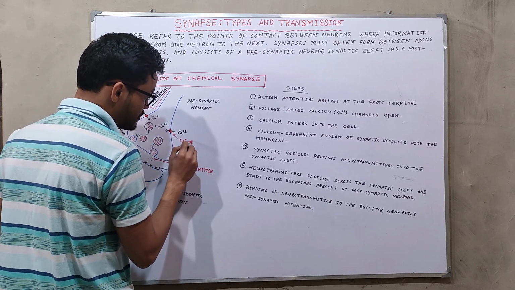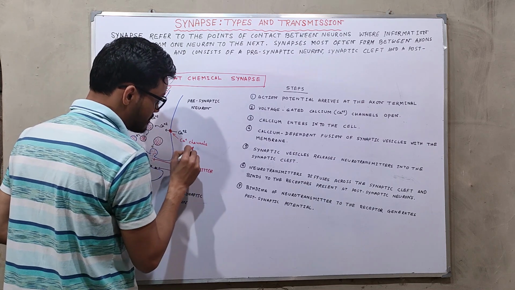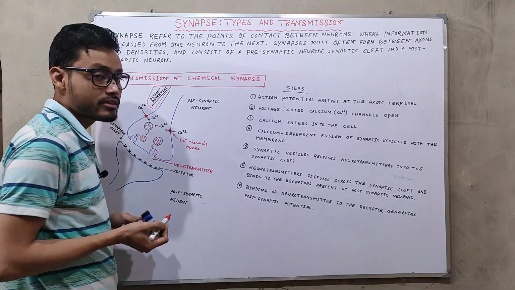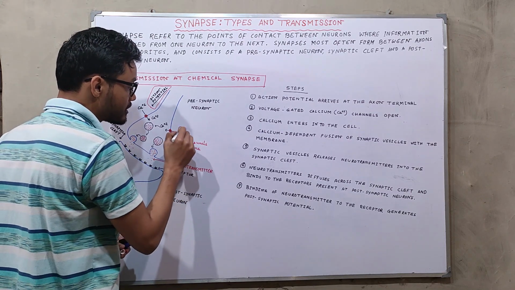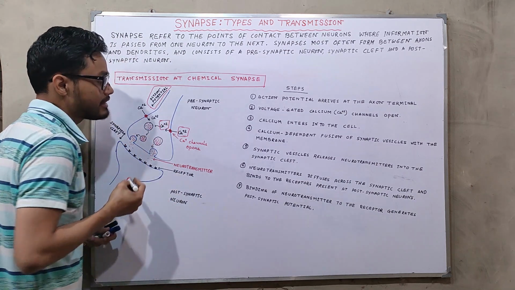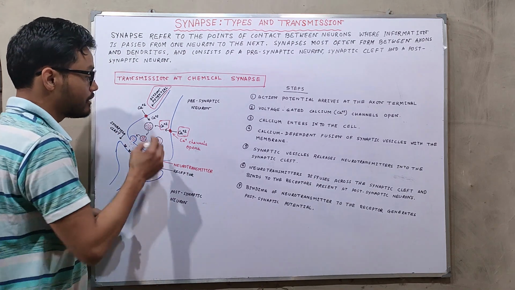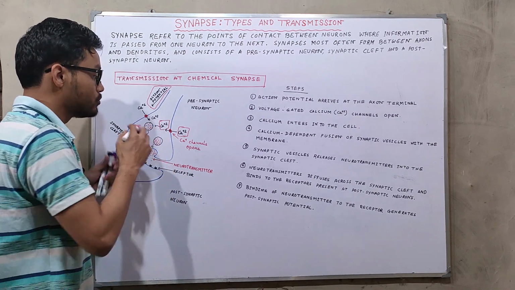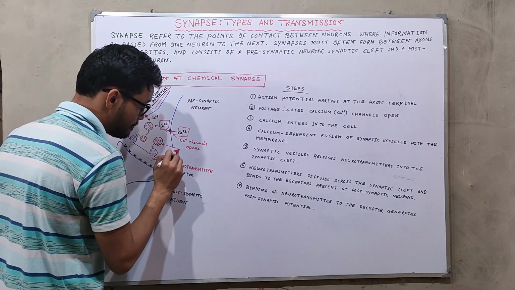The calcium channels open, and this helps calcium diffuse from outside of the neuron to the inside of the neuron. Whenever calcium is abundant inside the neuron, it helps to create the synaptic vesicles.